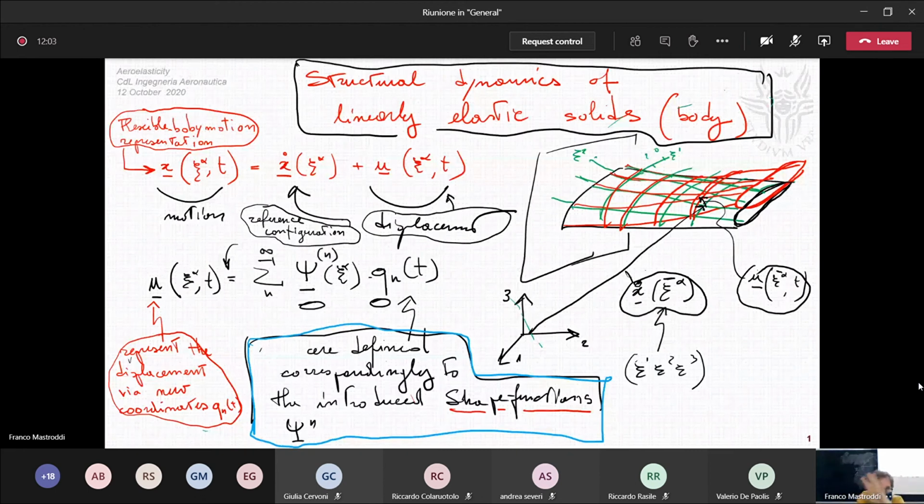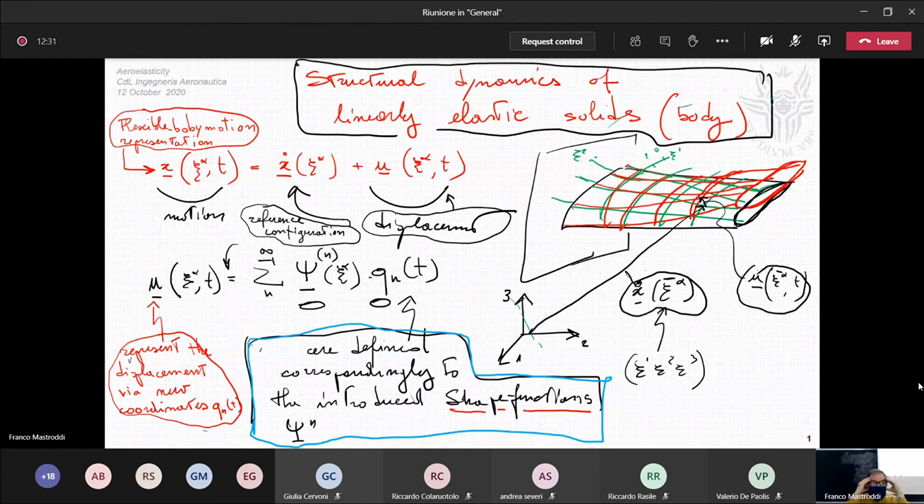This is standard in structural dynamics. It's standard in structural analysis. Okay? And so from now on, instead of X1, X2, X3, we may use X simply. But remember that X is actually indicating the material location of that point, but in the initial condition.